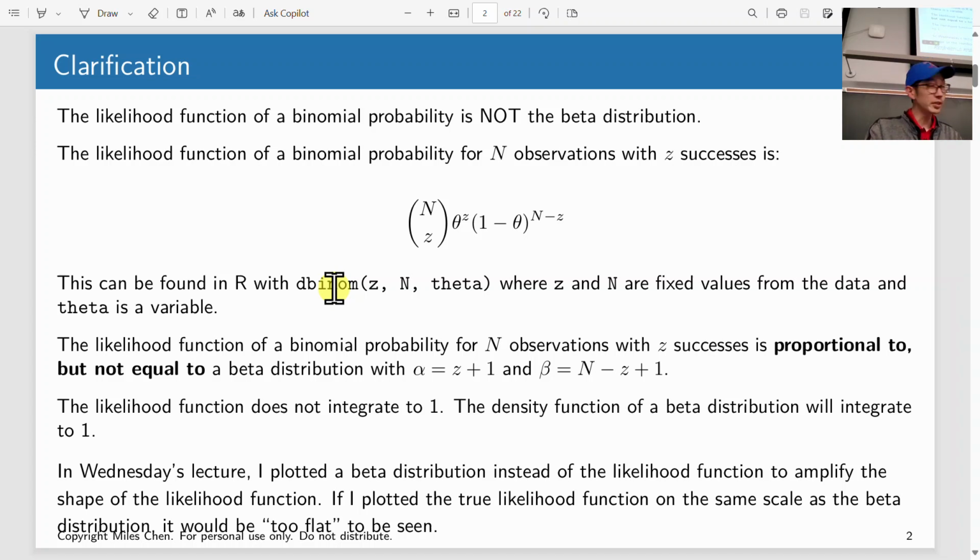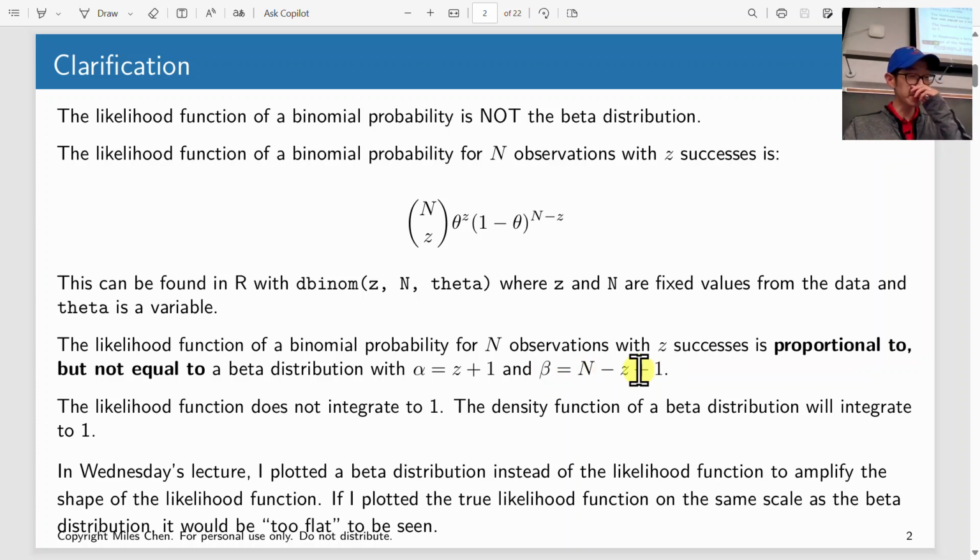But the key here is that the z and n are fixed values based on the data that you've observed, and the unknown parameter is theta. That is the variable, right? So the likelihood function of a binomial probability for n observations with z successes is proportional to, but not equal to, a beta distribution with shape parameters z plus 1 and n minus z plus 1, okay?